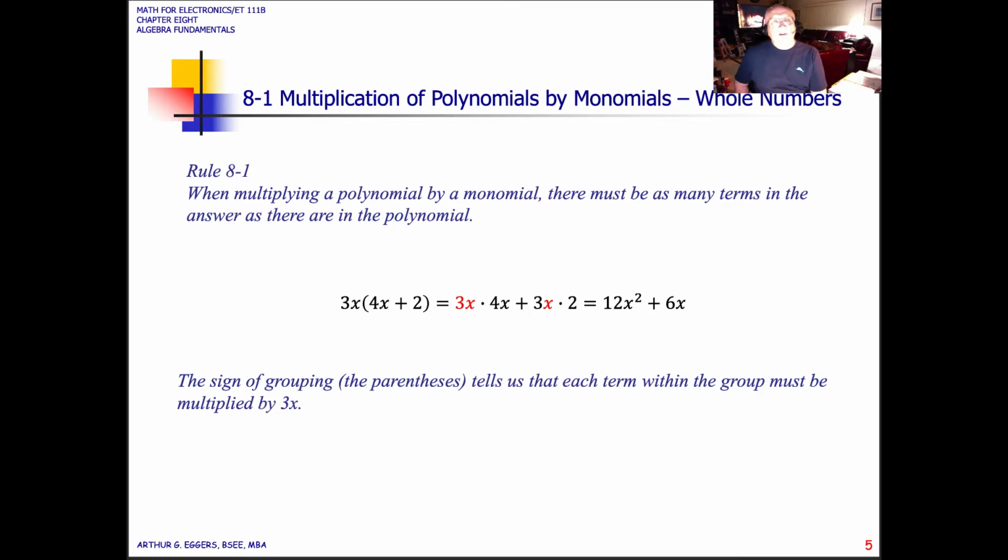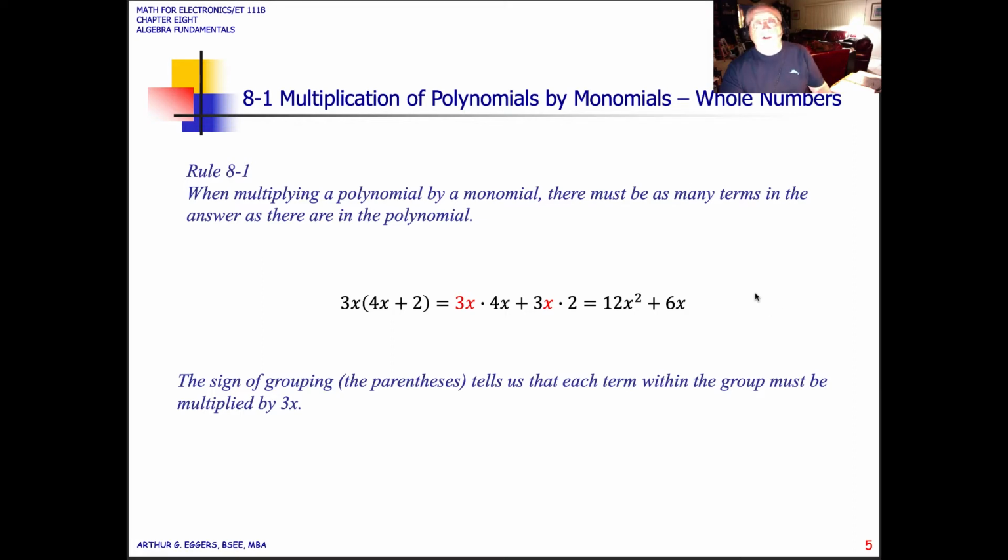So this example says we want 3x to be multiplied by the quantity inside of parentheses, 4x plus 2. So in doing this, we're simply going to multiply the 3x times each of the terms inside of the parentheses. So we have 3x times 4x, and we're going to add that to 3x times 2, and we end up with 2 terms here, a polynomial, 12x squared plus 6x.